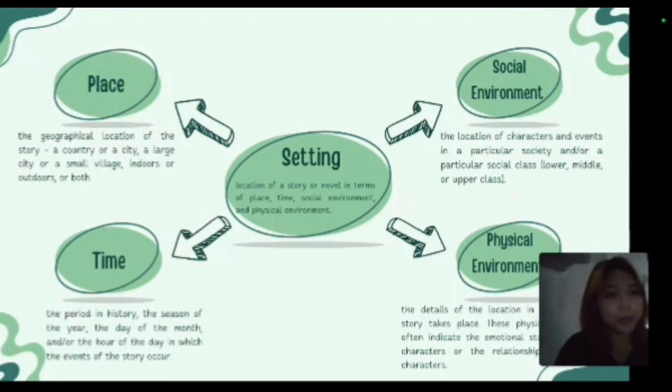Just like, for example, the literary works of Jose Rizal. He made literary works like novels, specifically novels. He wrote those with the purpose of awakening people's minds that were brainwashed by the Spaniards.